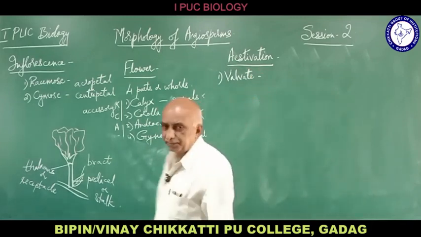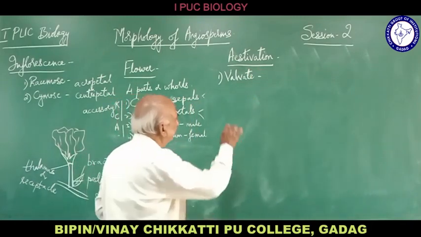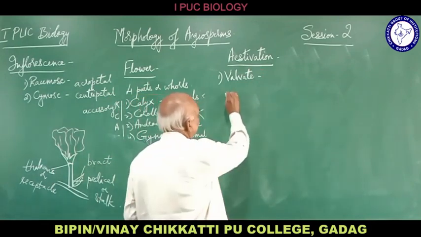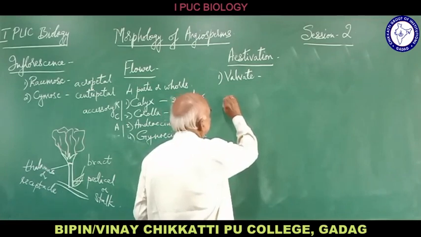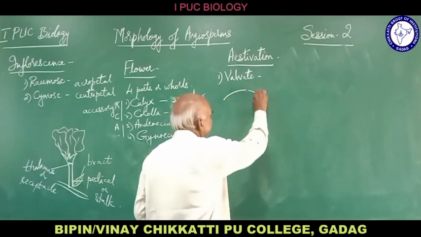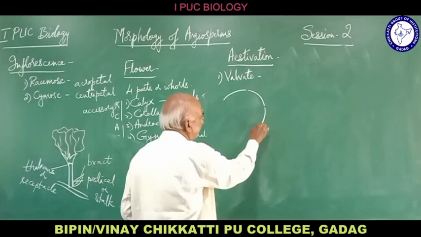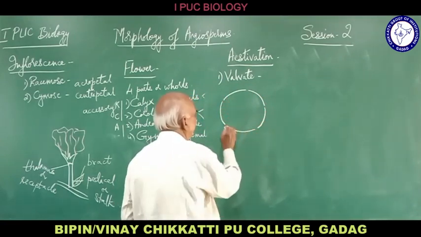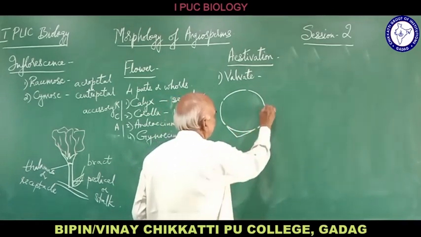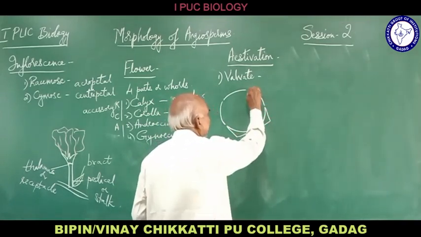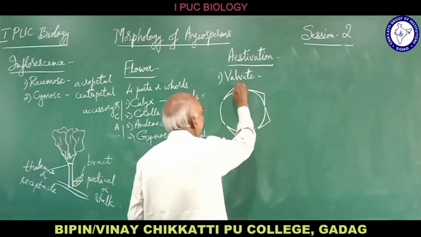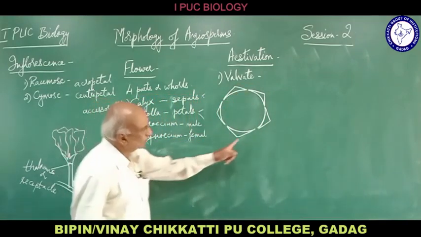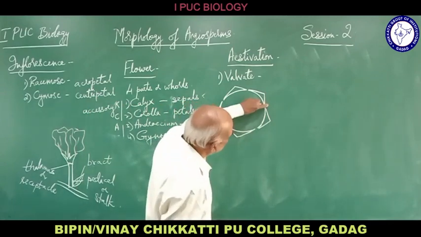Now in valvate estivation, the sepal or petal is just in contact with each other. Suppose this is one sepal, this is another sepal, and this is another, and this is another. This is how the sepals or petals are arranged in the flower. That means the edges are just in contact with each other.